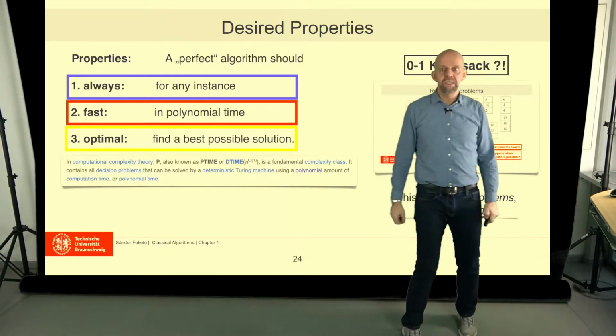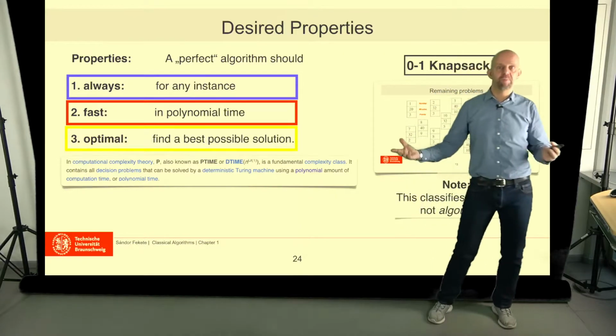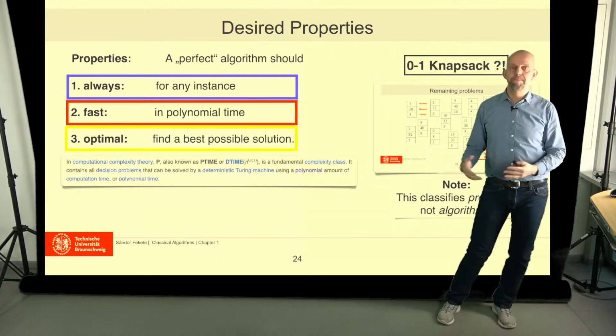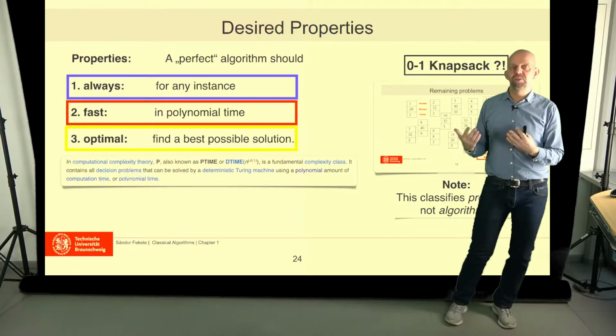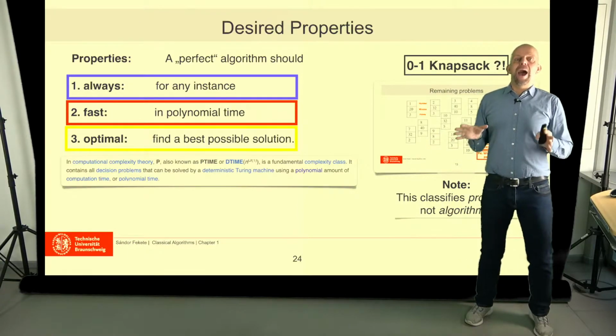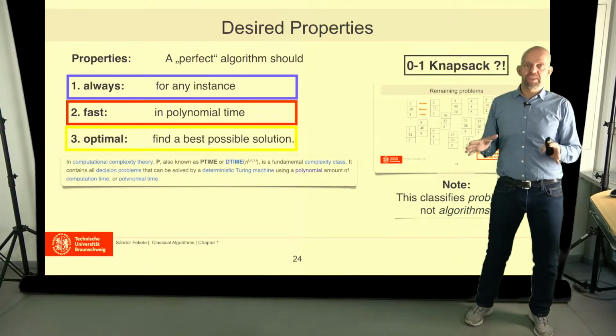And what you will see is that some of these problems, many of these problems, in fact, the ones we care about, are difficult in a very specific way.